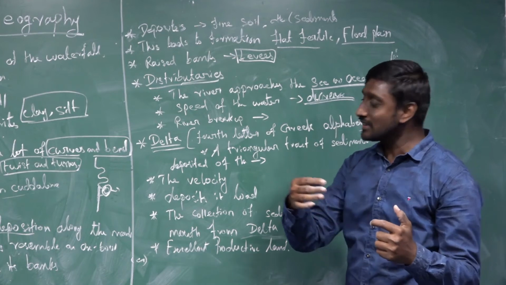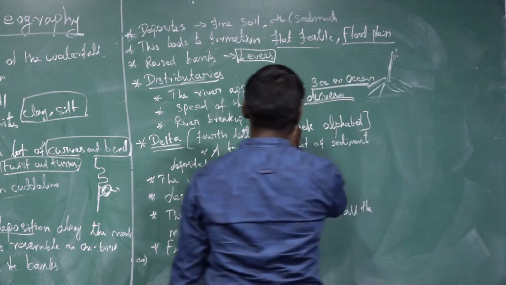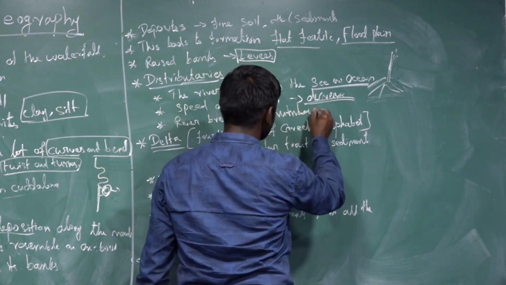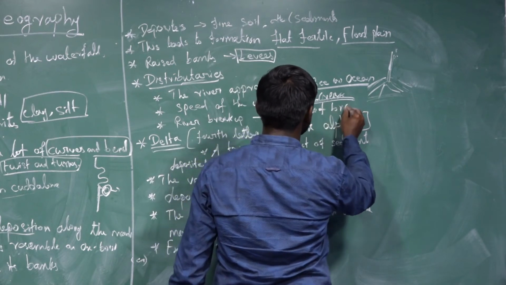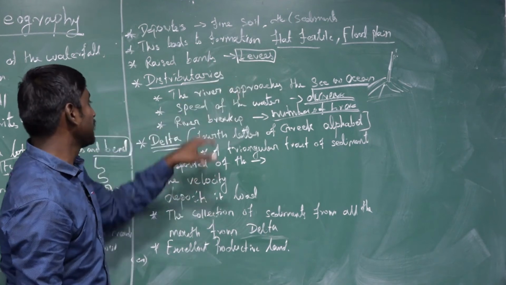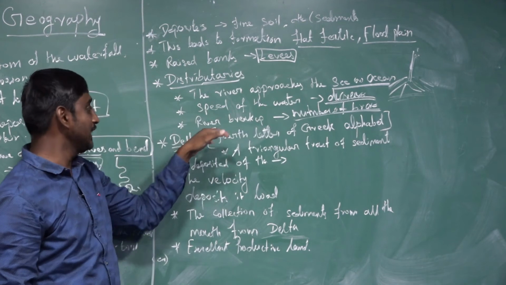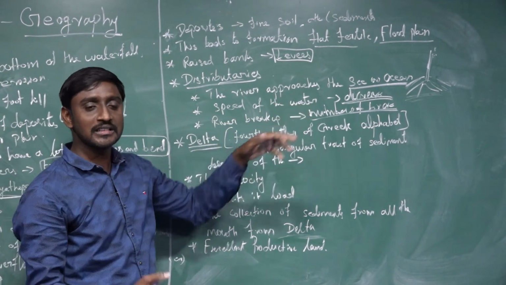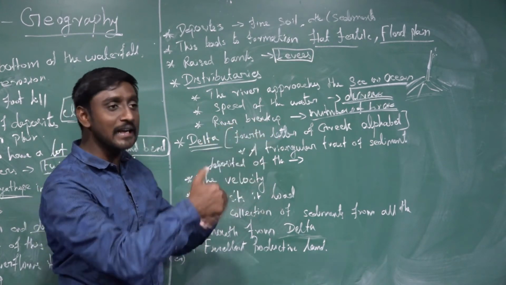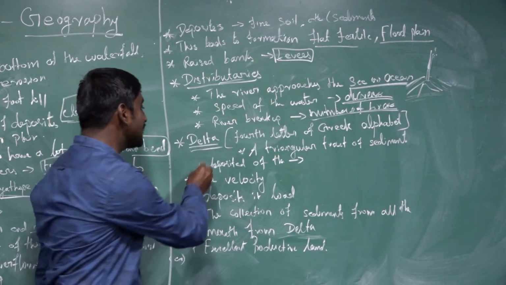At that time the river breaks up into a number of branches. That's called distributaries.